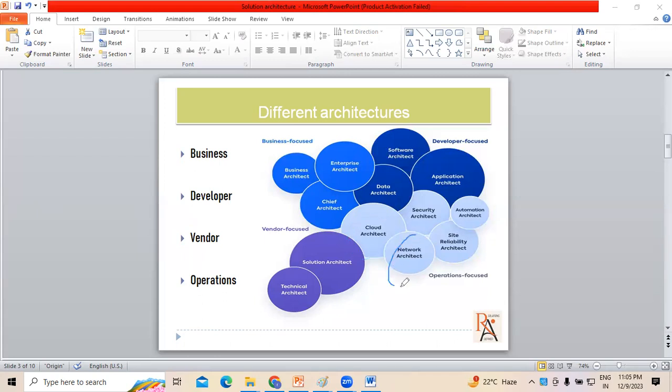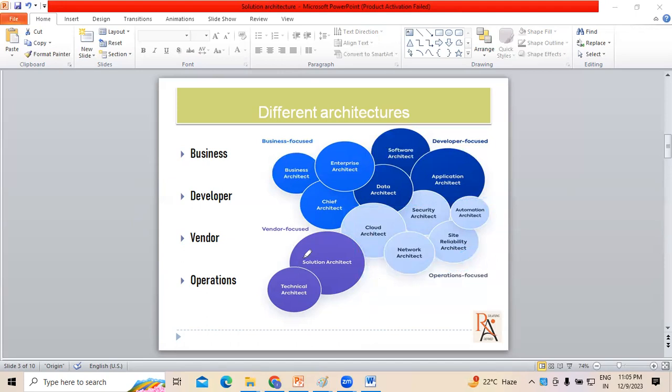Network architecture is required. You also need routers and firewalls, all that will be there. At the same time, site reliability and security architecture. So all these are focused on the operations perspective, meaning operational effectiveness. To develop operational effectiveness, whatever architectures we are going to develop will be involved in it.